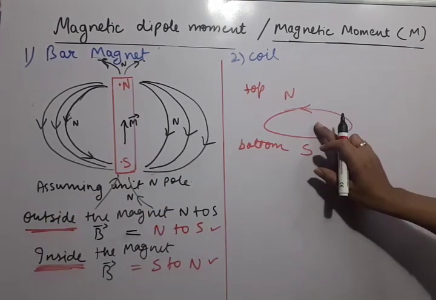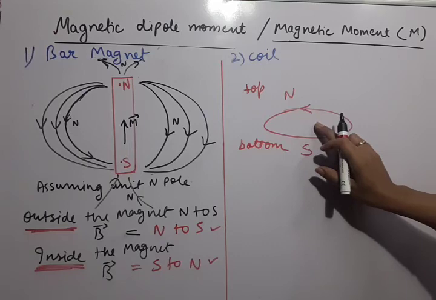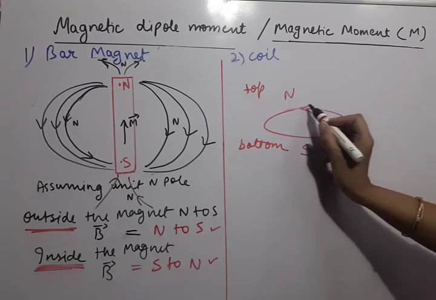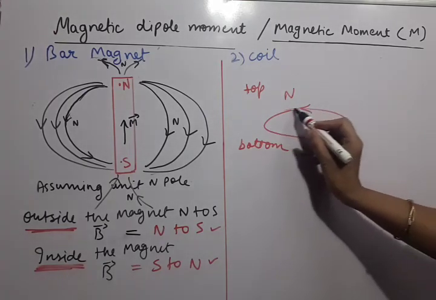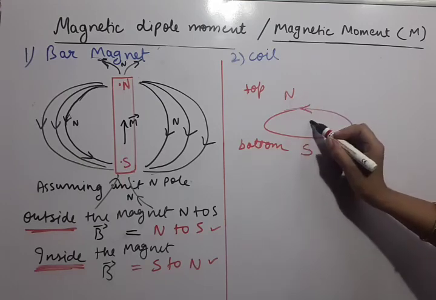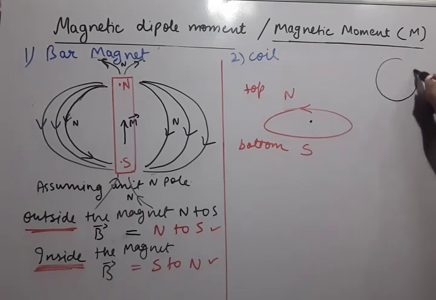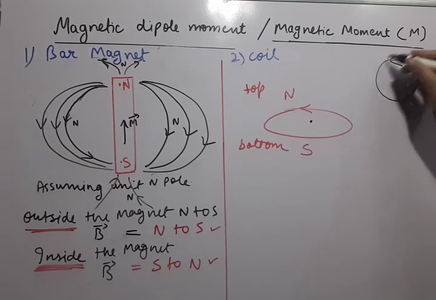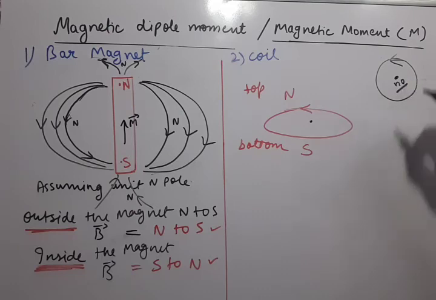Now let us match the direction of the magnetic moment here. How is it? If it is an anti-clockwise current, that means N pole. And for an anti-clockwise current, we have discussed, if we see the front view of the coil, the magnetic field or magnetic moment at the center is normally outwards.